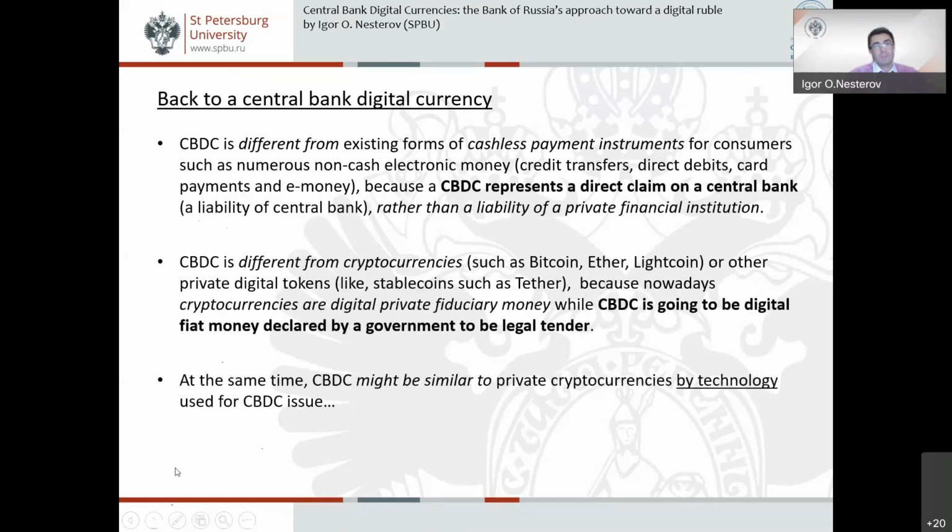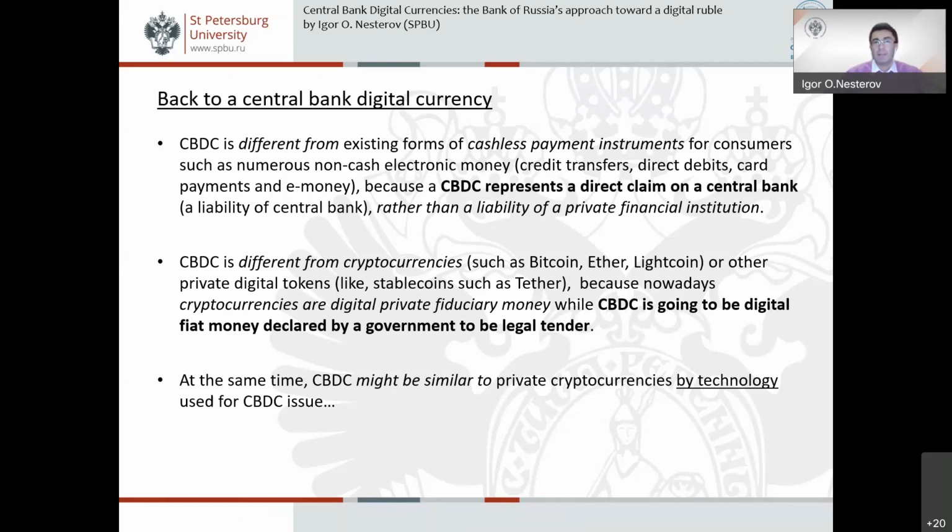Now about differences and similarities of CBDC with other forms of non-cash payment instruments. As I have already mentioned, CBDC is different from existing forms of cashless payment instruments for consumers, such as numerous non-cash electronic money, credit transfers, debit cards or credit cards or e-money, because a CBDC represents a direct claim on a central bank.